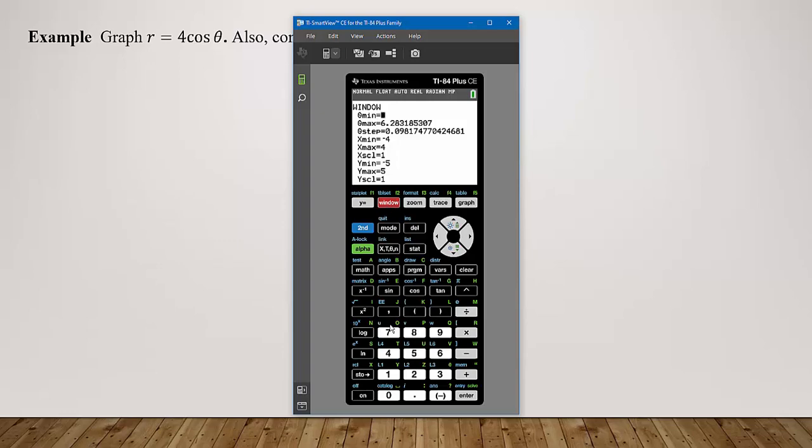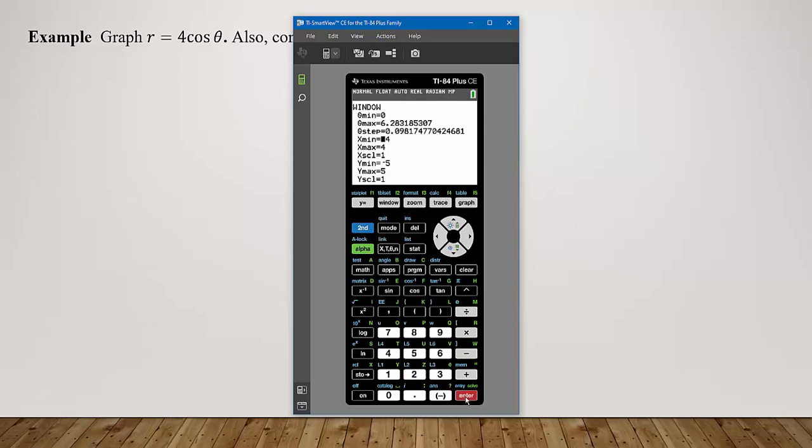Let's go check out the window. Just like in parametrics, where we had a T-min, a T-max, and a T-step, we have the same thing in polars, except it's a theta-min, theta-max, theta-step. By default, the first time I look at a graph of a polar equation, I always look at it on the interval of theta-min 0, theta-max 2 pi, and then I increment my thetas by pi over 32.